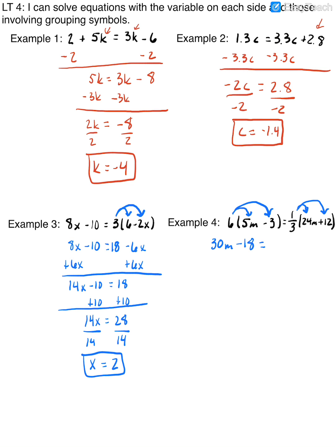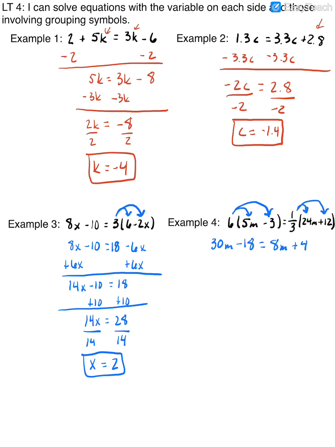Now here, 1/3 times a number is like dividing, so it's really like 24 divided by 3. So 1/3 times 24m would be 8m, because 24 divided by 3 gets you 8. And then 1/3 times 12 would be 4, because 12 divided by 3 is 4.